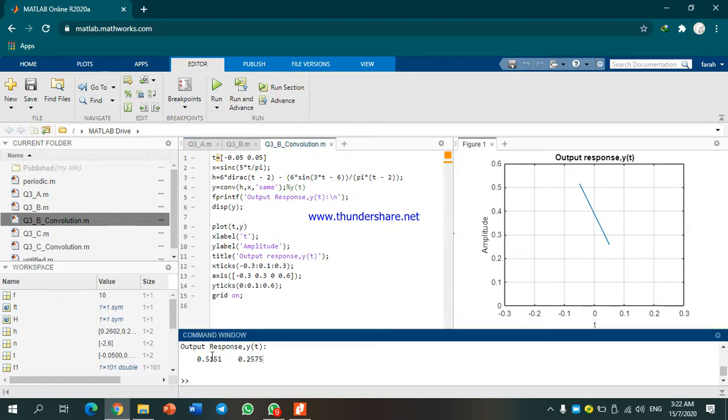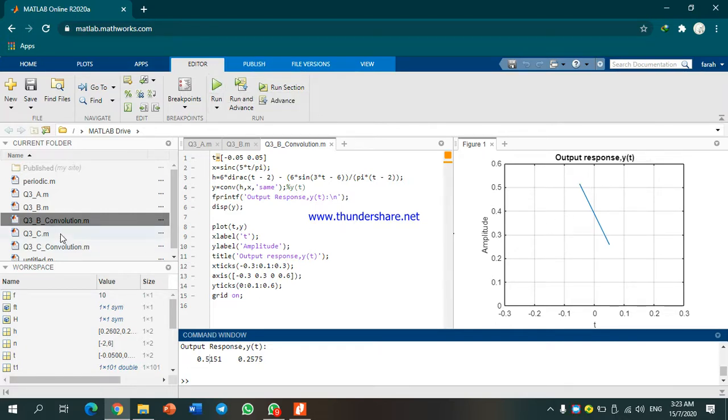This is the y(t) value that will show up in the command window, and this is the graph for the output response y(t). As you can see, it's a linear graph and it's at negative t.